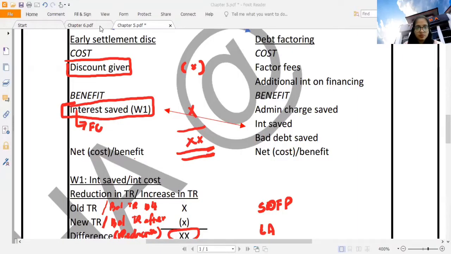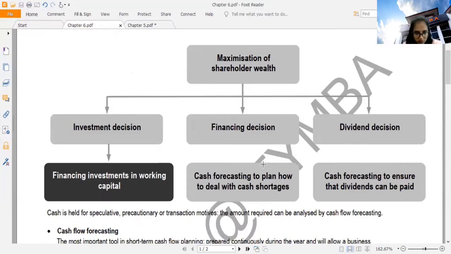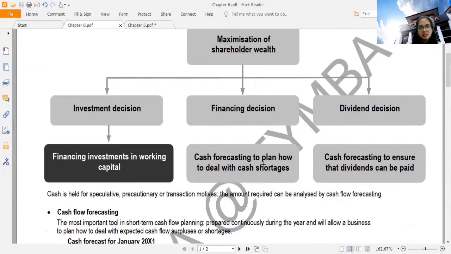Please use my chapter 6 notes. You will see that there is a fixed page where I have annotated a few things on top of it. So we are going to use that. We are still under the investment decision, looking at financing investments in working capital.